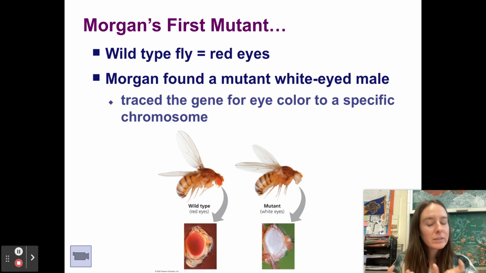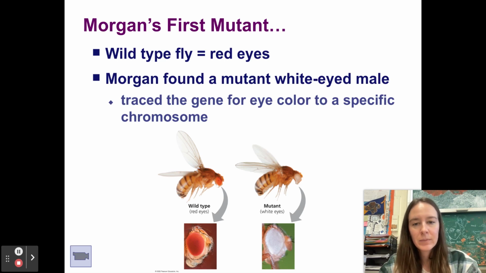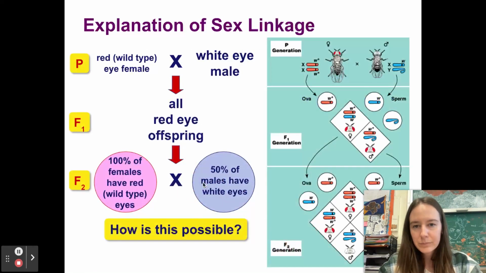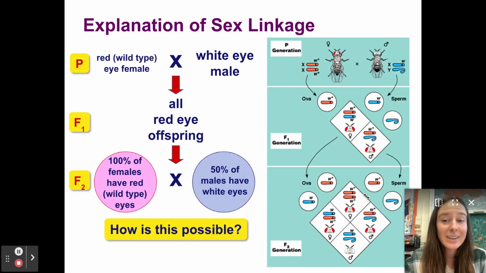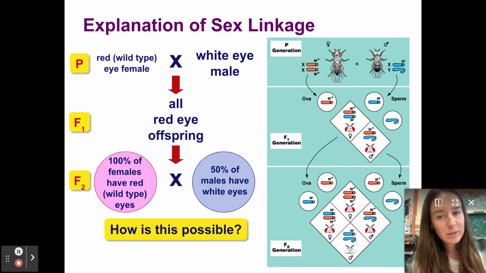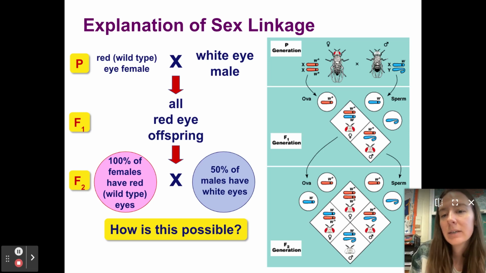There's a difference between this chromosome and this chromosome, and was able to locate the locus of that gene and tie it to a specific chromosome. So what he actually figured out was something called sex linkage, and this is where genes are actually found on sex chromosomes. And we're going to take a look at how this is inherited.